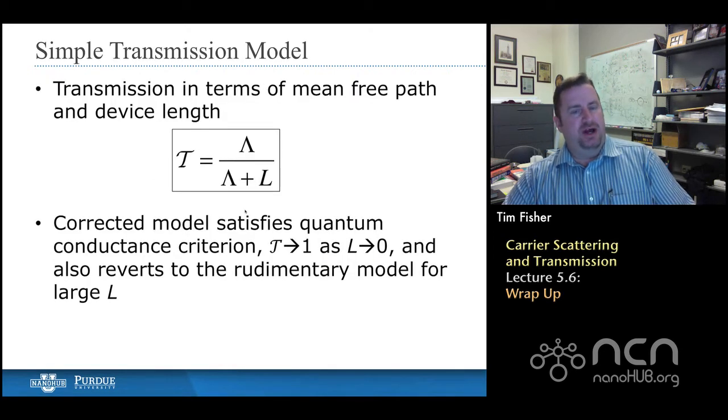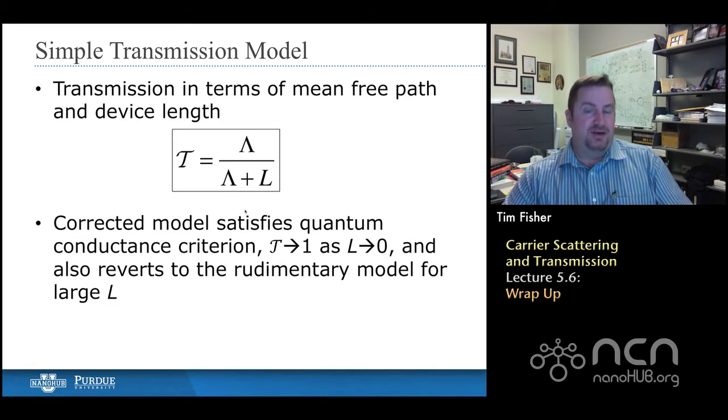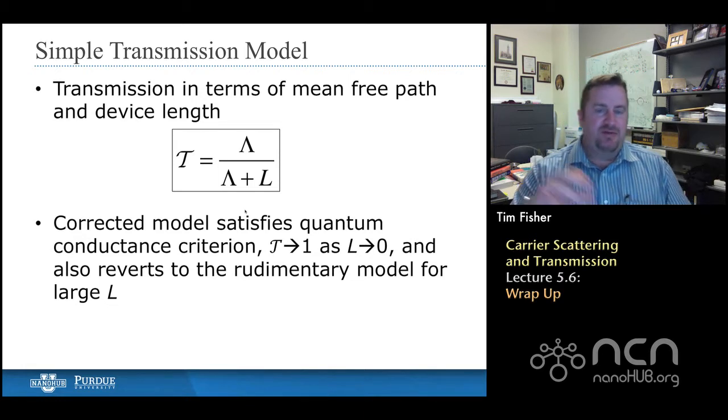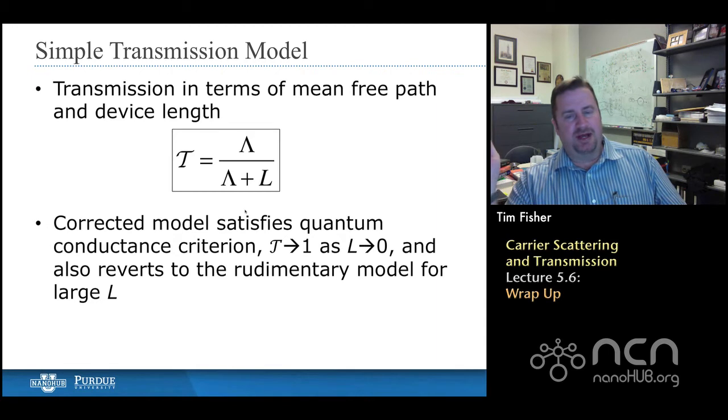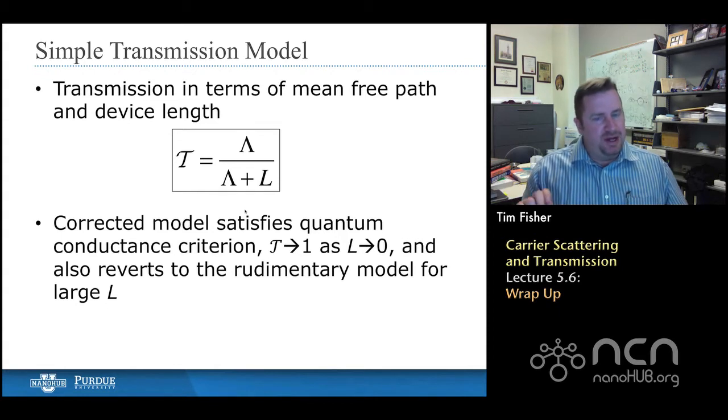And so this week we started out with a very simple transmission model, and we said that the transmission function to first order should look something like what we show here. The mean free path, that's capital lambda, divided by the length of the device, and then we realized that we'll have to do something with the denominator. We added a term, the mean free path in the denominator, so that we could handle ballistic transport properly.